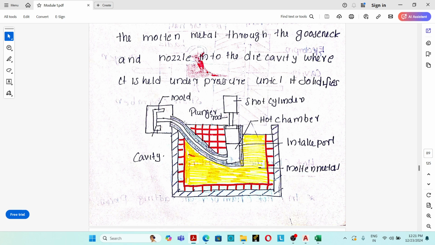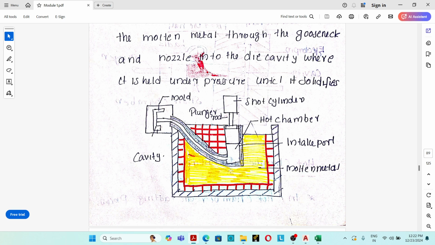Molten material flows into the mold cavity through this path, which is known as the gooseneck. Then the molten material fills the mold cavity and solidification takes place. After solidification, the mold opens and the casting is taken outside. This is what happens in the hot chamber die casting process.